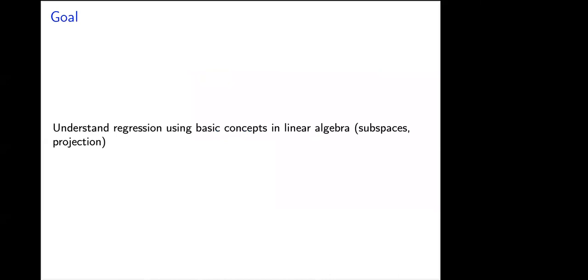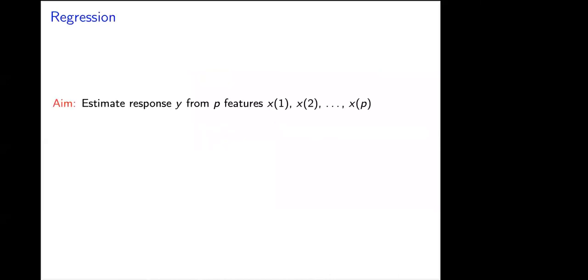So, oh no, that's fine. We're just going to understand regression and really, really basic linear algebra here. So we want to estimate a response from some number of features, P features. So this might be pulling in an example from the first half.